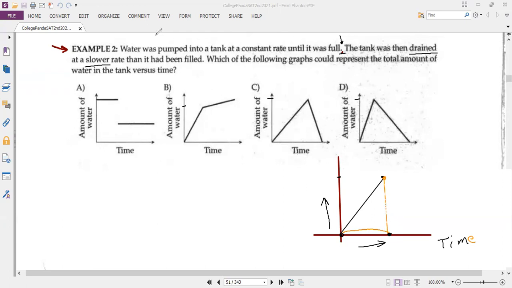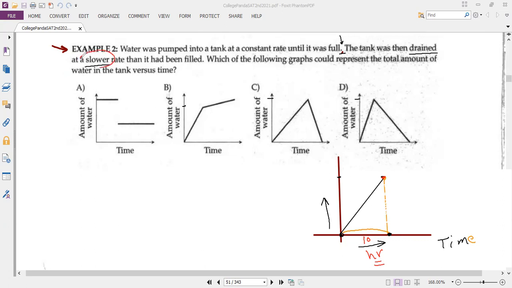We have a falling or full tank here. Then slower. That means, say this is 10 hours, maybe, to be full. This is assuming. Take 10 or less or more.